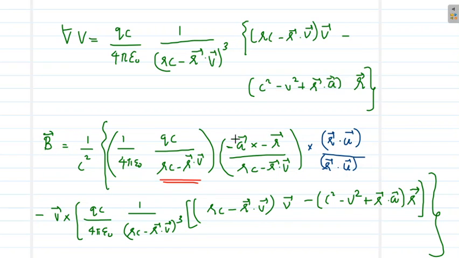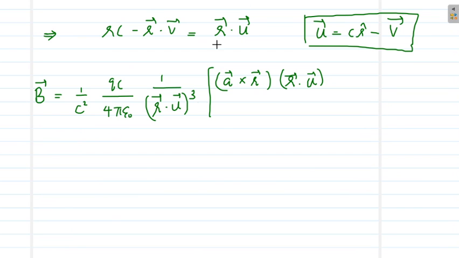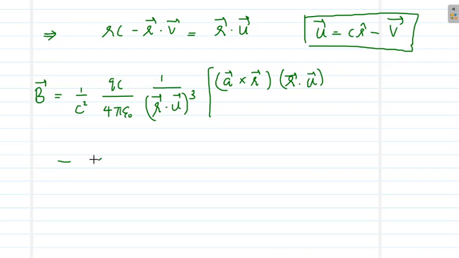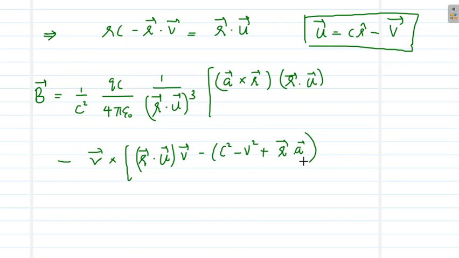In the numerator we are left with a bar cross r bar multiplied by r bar dot u bar as the term. Now coming to the second term, in the second term we have v bar cross (r bar dot u bar) multiplied by v bar minus (c square minus v square plus r bar dot a bar) multiplied by r bar as the remaining term.